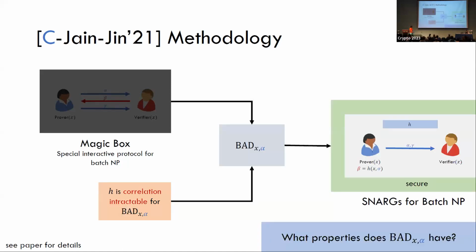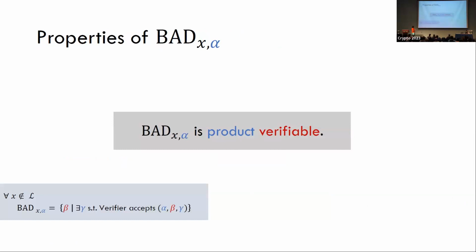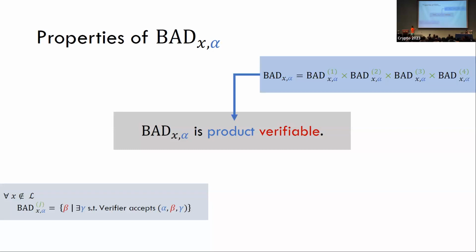Cool. So what are the kind of properties that this set bad has? The property that we're going to care about is that the set bad is product verifiable. So what does that mean? The first, it's a product set, meaning it's a sort of parallel repetition of these bad sets that you see here at the bottom.